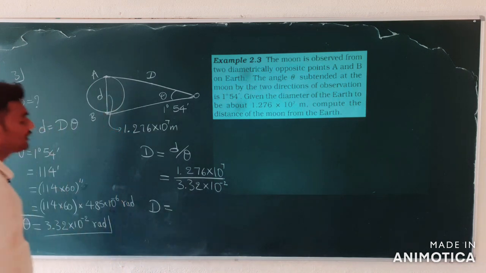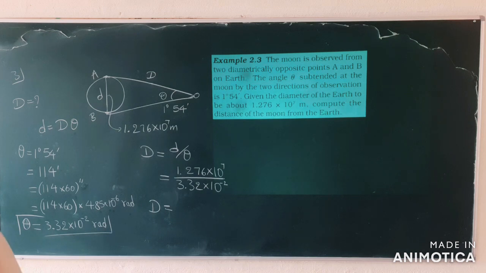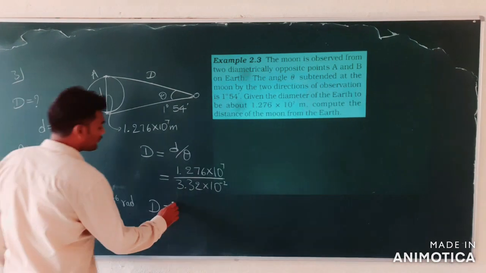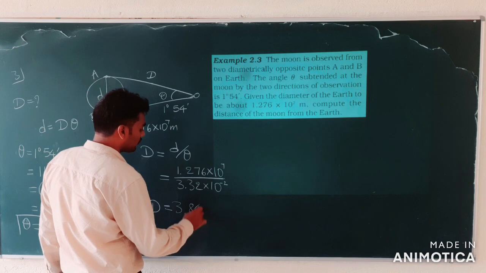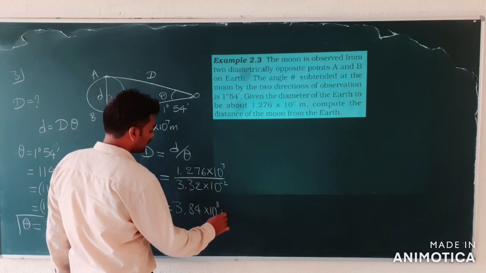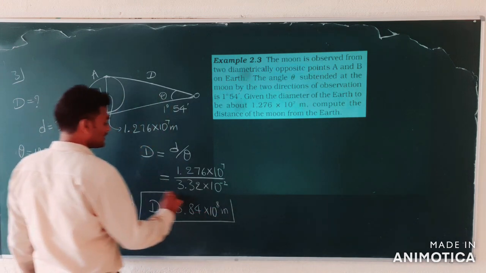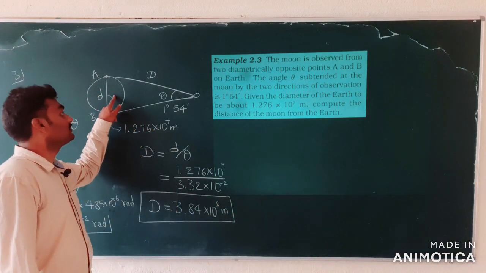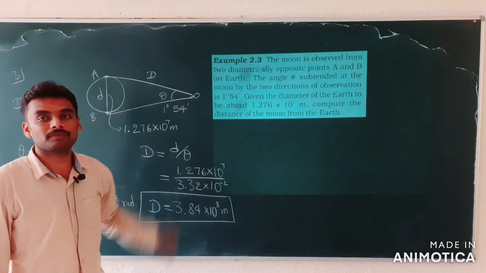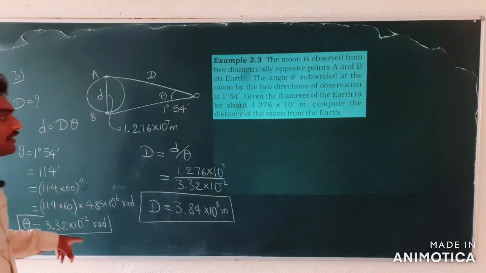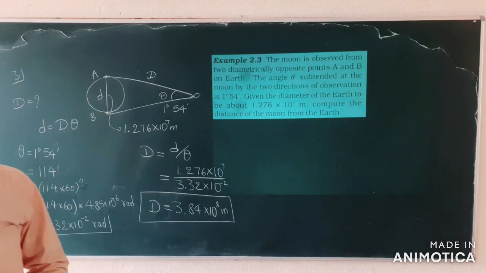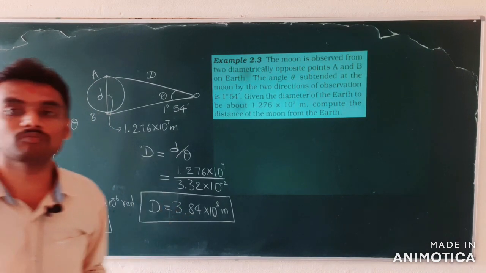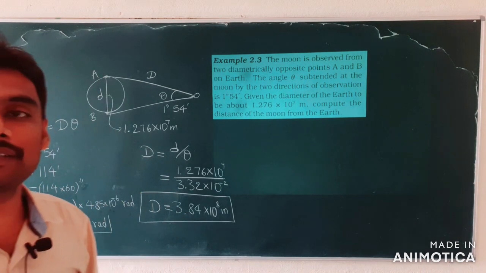Again, make use of calculator and hence obtain the value of capital D, which you will get as 3.84 into 10 to the power of 8 meter. So this is the value of capital D, which is the distance of earth to moon. Okay. So this is about the third problem, where we obtained the distance from earth to moon using parallax method.